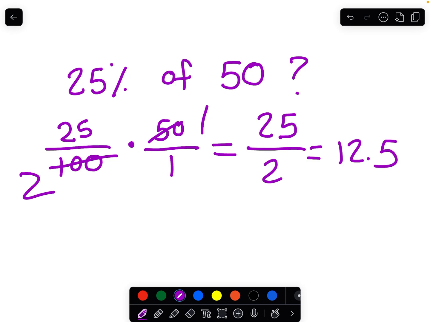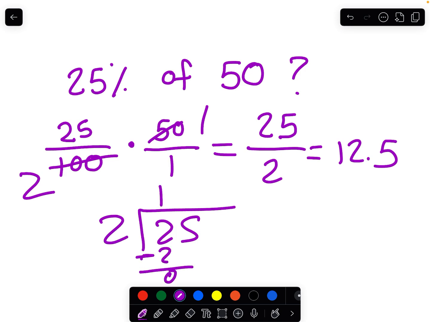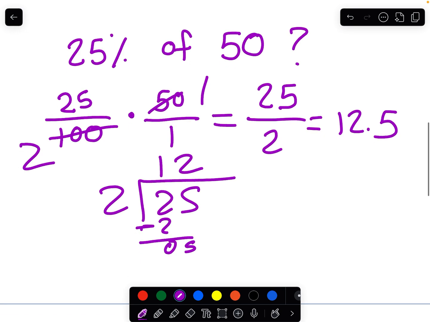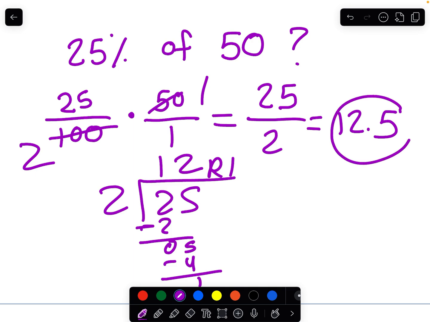I know that because 2 goes into 25 twelve times with 1 left over, so it's 12.5. If your mind doesn't work like that yet, you can always do it out. But in any event, 25% of 50 is 12.5.